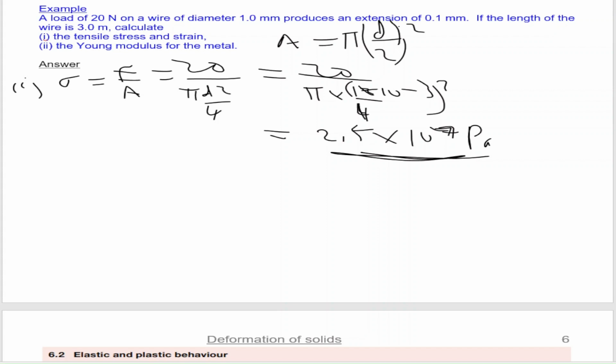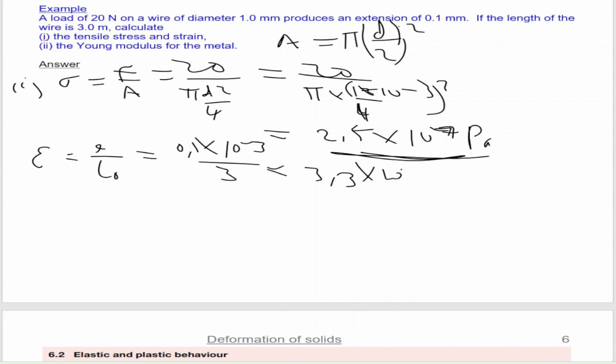So 2.5 times 10 to the power of 7 pascals. Then the tensile strain is just going to be equal to extension over original length, which is 0.1 times 10 to the power of minus 3 over 3 meters. That gives you 3.3 times 10 to the power of minus 5. Remember, it does not have any units.